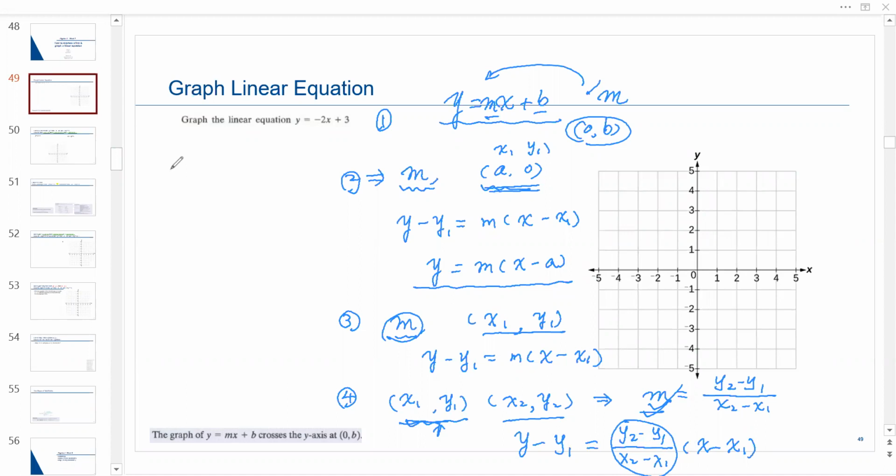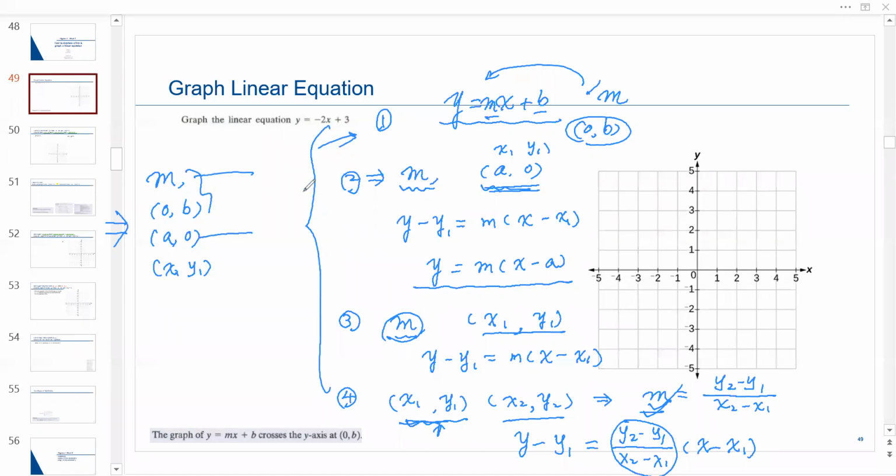So whenever someone tells you the slope, the y-intercept, or maybe the x-intercept or one dot, you can find the slope quickly and then find this linear line. If they tell you the slope and y-intercept, you can use the first method. If they tell you the slope and x-intercept, you can use the second method.